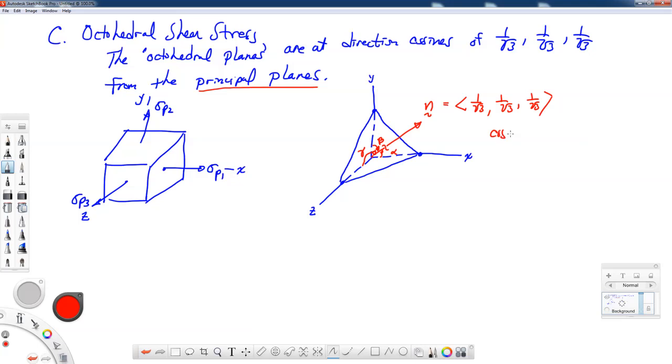So cosine alpha, cosine beta, and cosine gamma are all equal to 1 over the square root of 3.